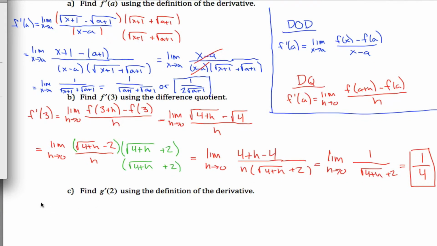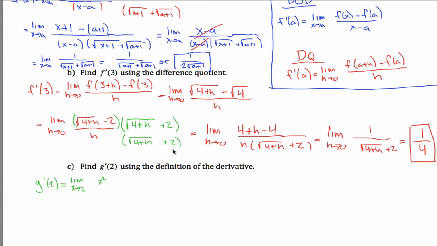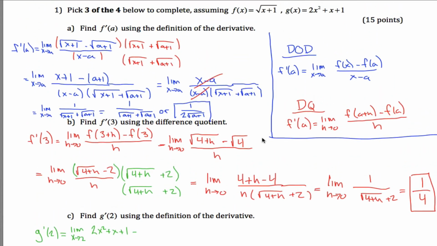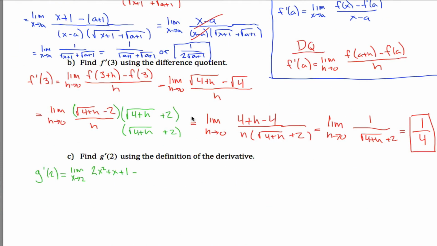Okay, so the definition of the derivative tells me that g prime of 2 is equal to the limit as x approaches 2 of g of x, which is given to me as 2x squared plus x plus 1, minus g of 2, which would be what? 2 squared is 4 times 2 is 8 plus 2 is 10 plus 1 is 11.